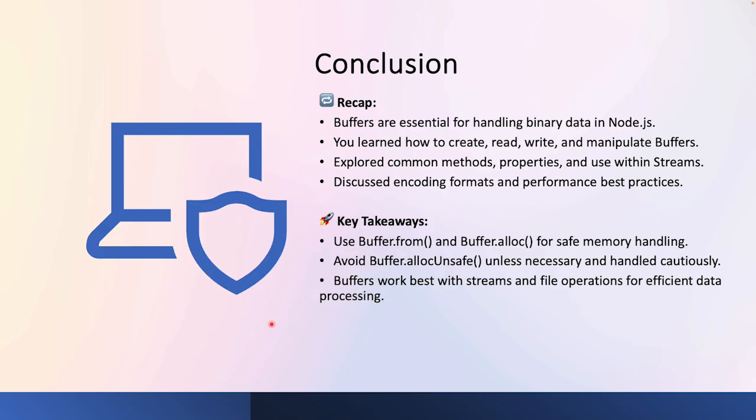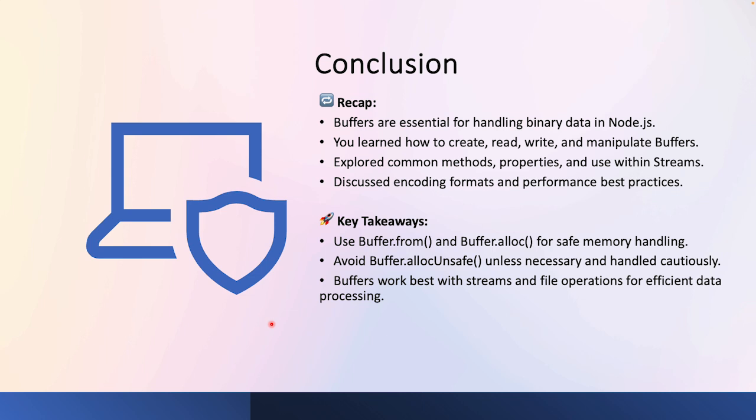So let me conclude what we have learned. Buffer is essential for handling binary data in Node.js. We learned how to create, read, write, and manipulate buffers, explored common methods and properties, and how we can use them with streams, and discussed encoding formats and performance best practices.